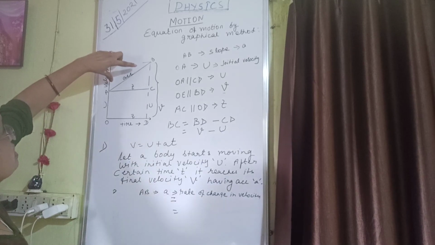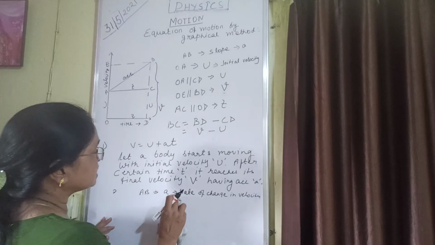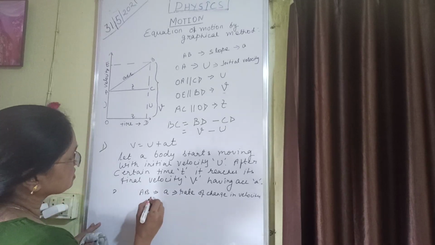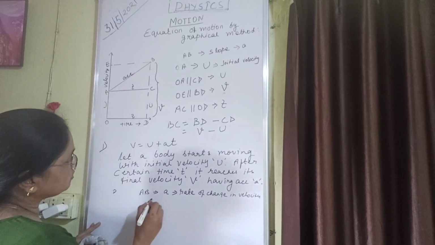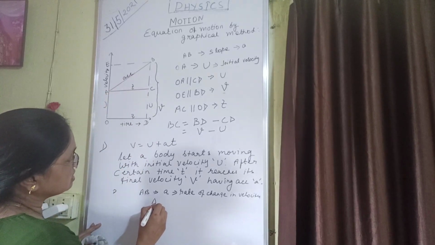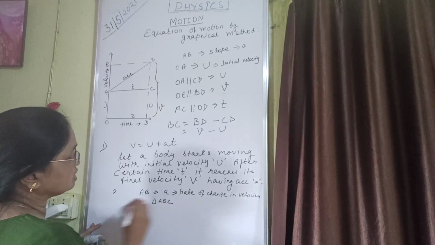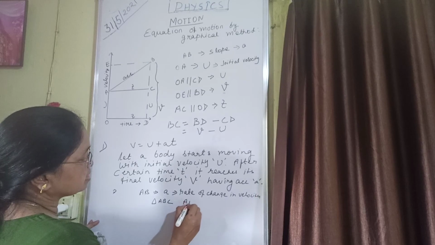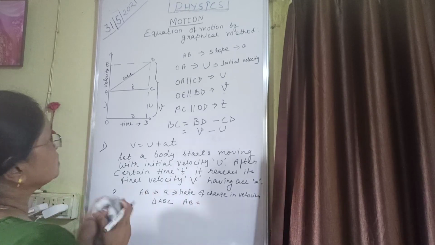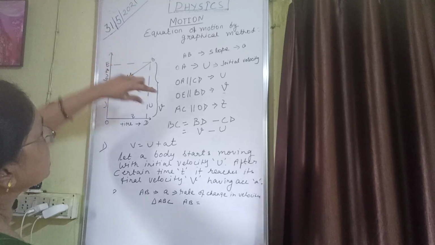From the triangle, yes, I am writing this one. This is a right angle triangle. So from triangle ABC, we can write AB as perpendicular by base.